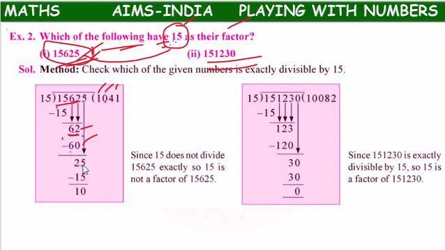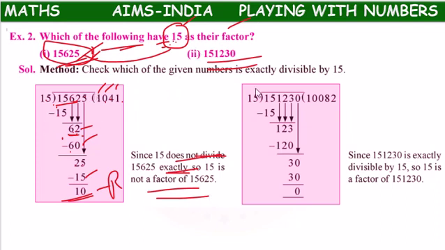Next we bring down 5, 25. 15 one time is 15, so 10 is the remainder. So 15 does not divide this number exactly, so it is not a factor of this number.